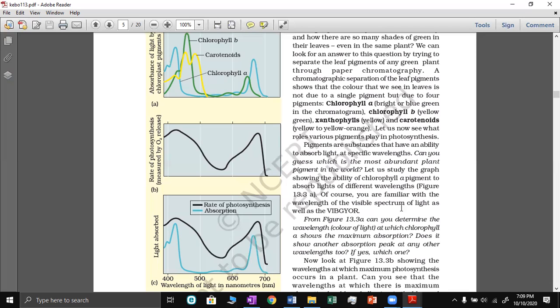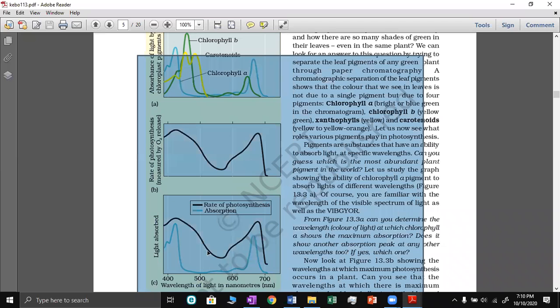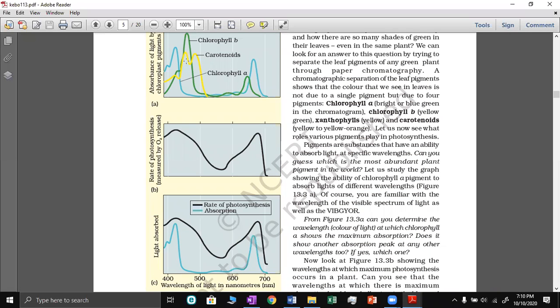And that's why this is known as photosynthetically active radiation, PAR. This is the light wavelength. So here you can see where the maximum absorption is taking place. Maximum absorption is between 400 and 500 nm, where chlorophyll B shows the maximum absorption.